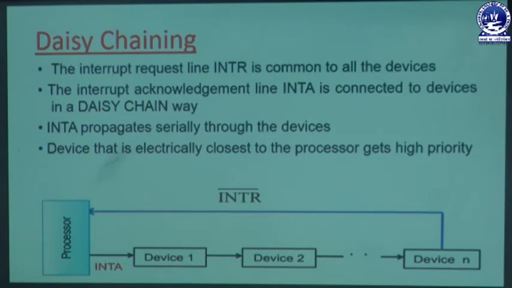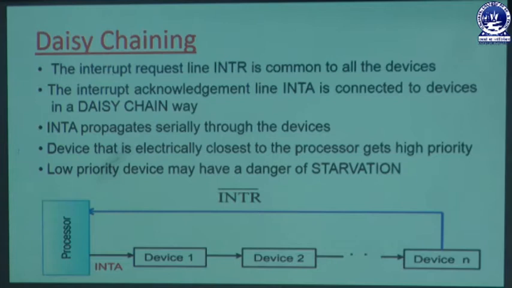As I have told you before, in this scenario device 1 is closest to the processor, so device 1 will get the highest priority among all the devices connected to the processor. Then the lowest priority device may have a danger of starvation. So there are two concepts: one is daisy chain, and another one is starvation.